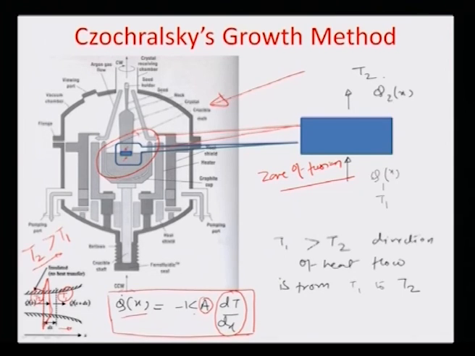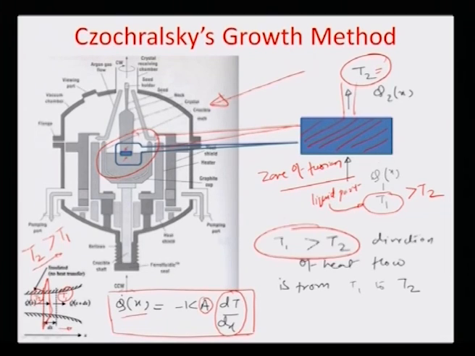So, let us say in this particular zone of fusion that is in question, we have a temperature T1 which is higher than T2, which is that of the liquid part of the zone of fusion, right. So, the temperature of the liquid part is T1, and the temperature of the solid part of the withdrawn seed and the boule formed on the seed as a template is T2, okay, as illustrated here, and T1 of course is greater than T2, which enables the direction of heat flow in the positive y direction, as you can see here.